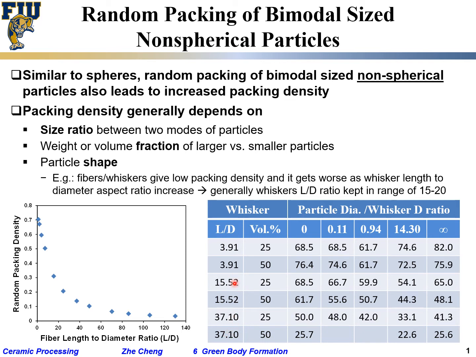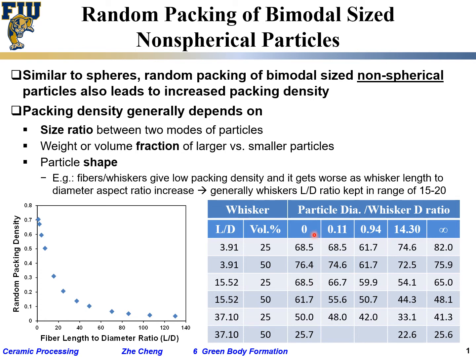Let's see between these two, we have the same types of whisker, but we are adding different volume percentages of the whiskers, right? We have different volume percentages of whiskers, and then particle diameter versus whisker diameter ratio.